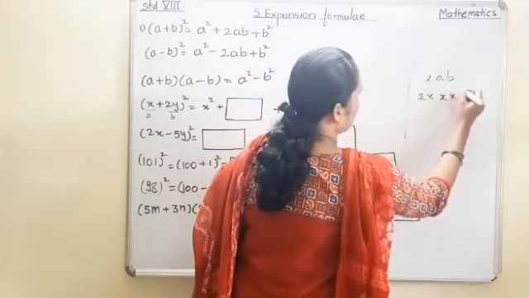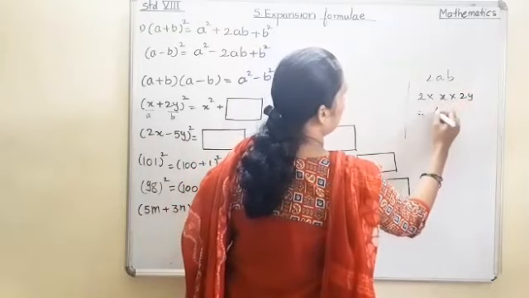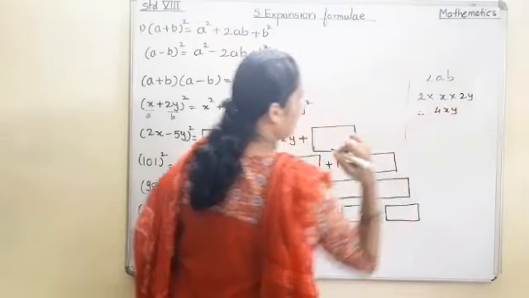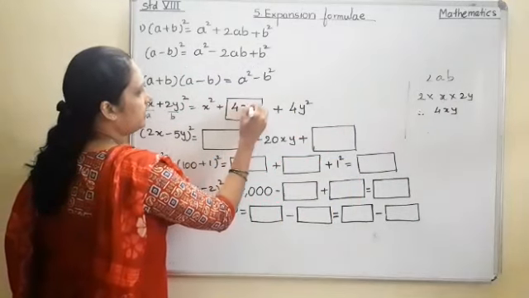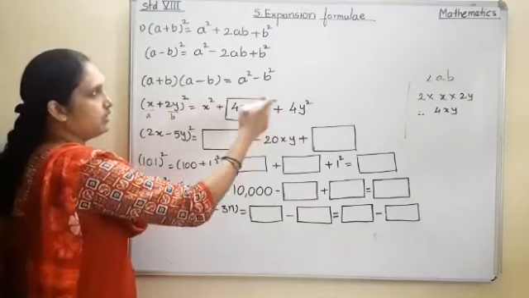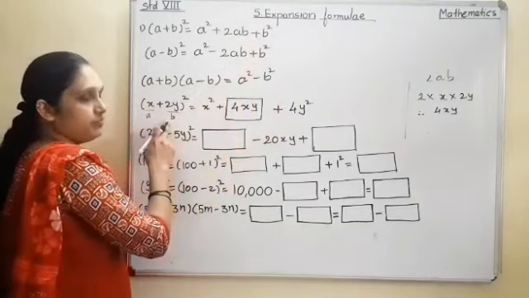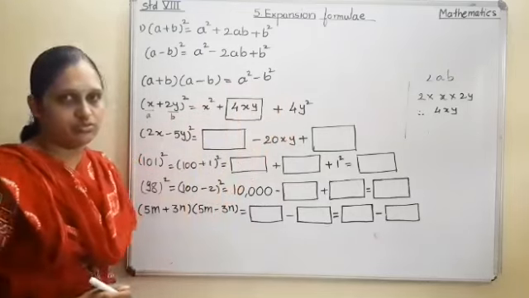So x into 2y, that will be equal to 4xy. So in the box it will come 4xy, plus last number square, that is b square. b means 2y. 2 square is 4. y square is y square.